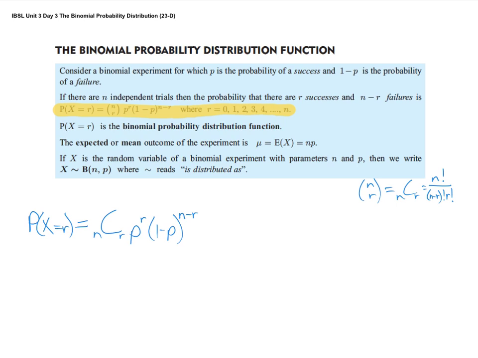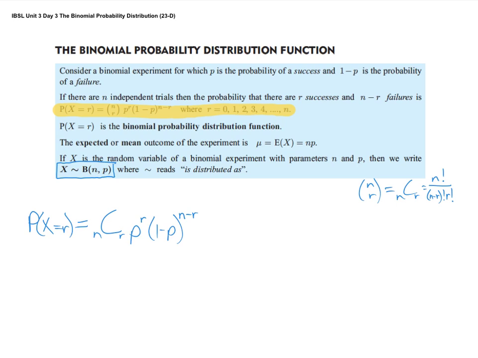And here's some notation that you ought to be familiar with. We have x distributed binomially with parameters n and p. So those parameters, n is the number of trials and p is the probability of success. What do you mean distributed binomially? This is called a binomial probability distribution.